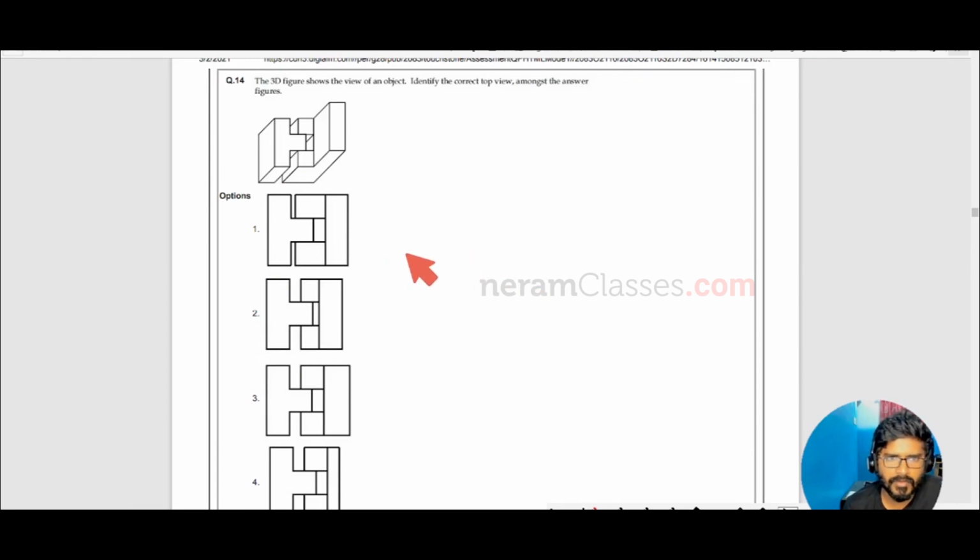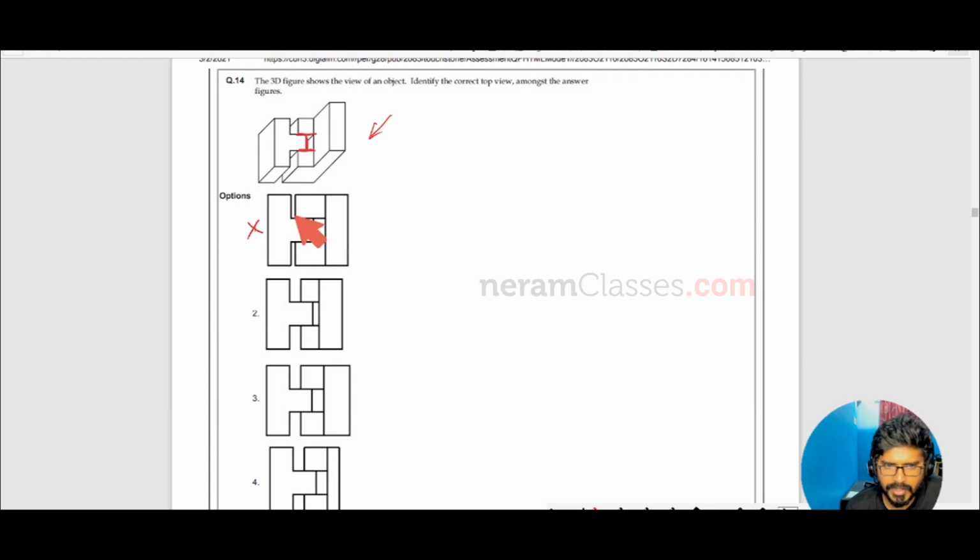Now question number 14, there is a 3D figure which is given. It's an isometric view, and we need to find out the exact top view for this. So first of all, we need to compare. We can filter out the options based on this comparison. Here you can see the segmentation is actually equal in length in the middle exactly. So if we match that with the options here, we can filter out some of the options among them.